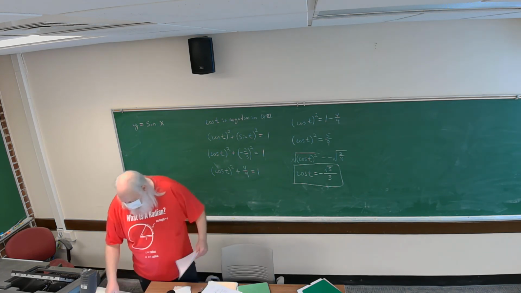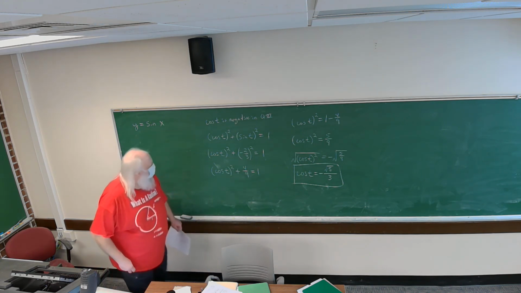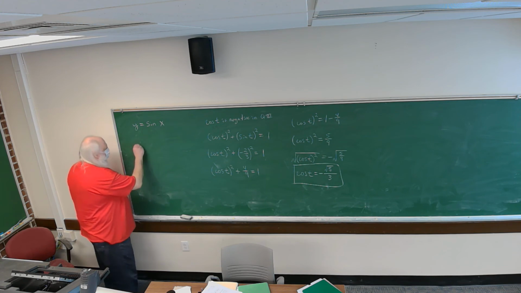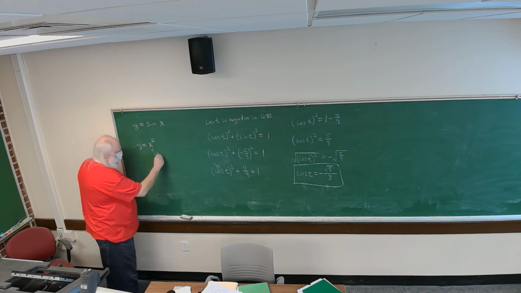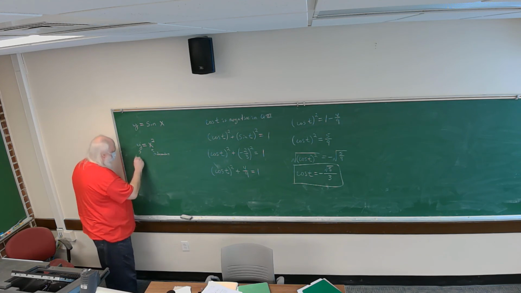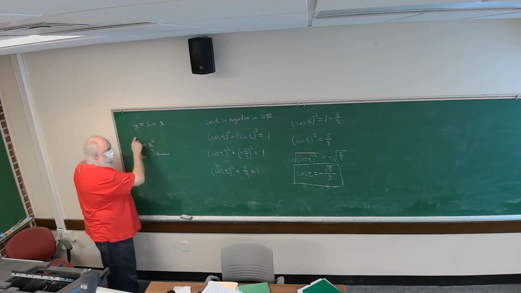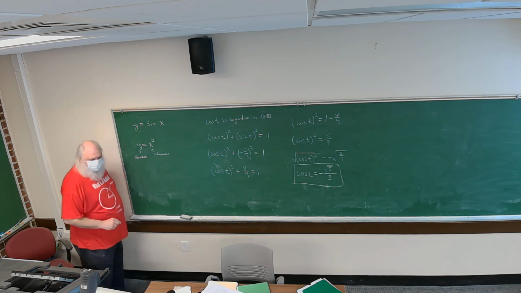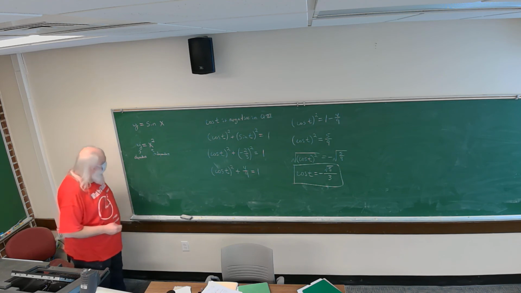X and y, their context has changed. You know, if we graph y equals x squared, x is the independent variable, and y is the dependent variable. And that's kind of what's going on here. X and y are not points on the unit circle. They do not satisfy x squared plus y squared equals 1.